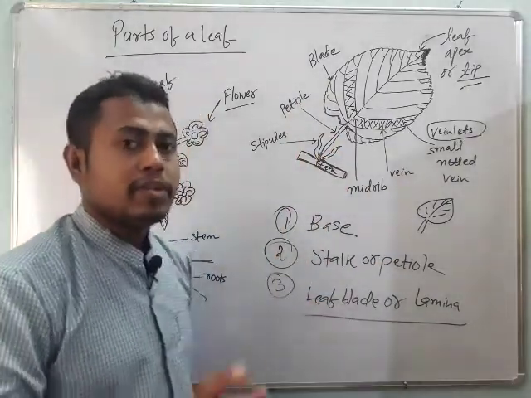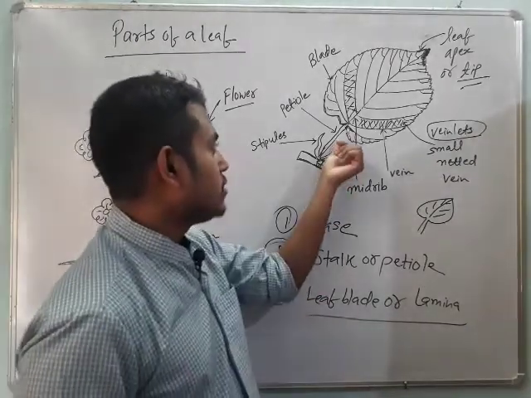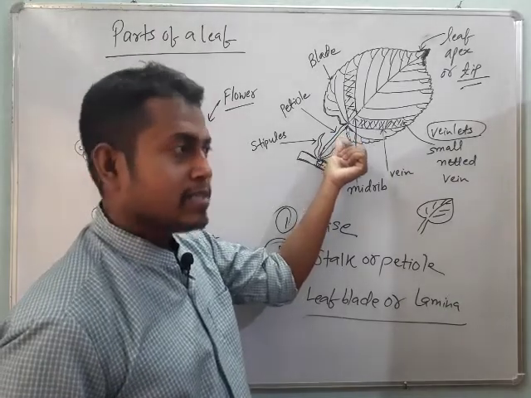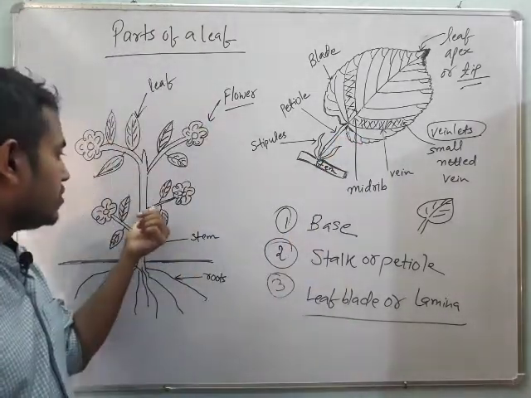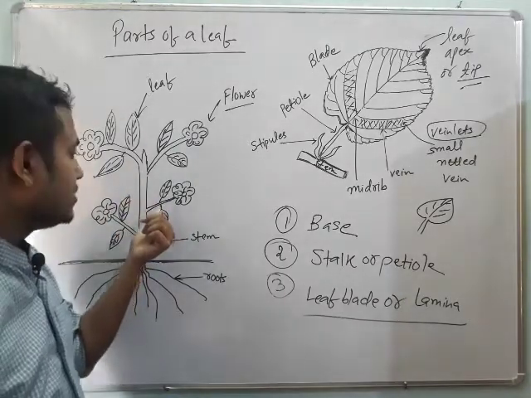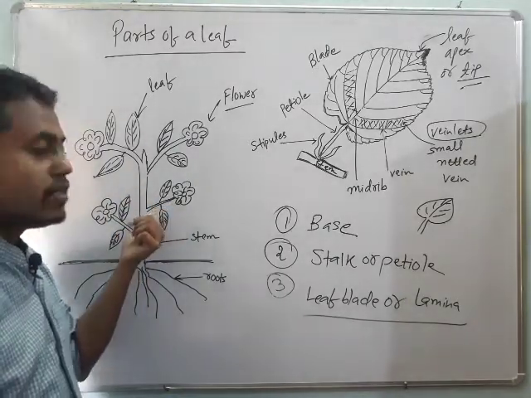Okay, one more thing, I said this is a short stem, but this is not the short stem. The short stem is this one. In flowering plants or any kind of plants, these are called stems.